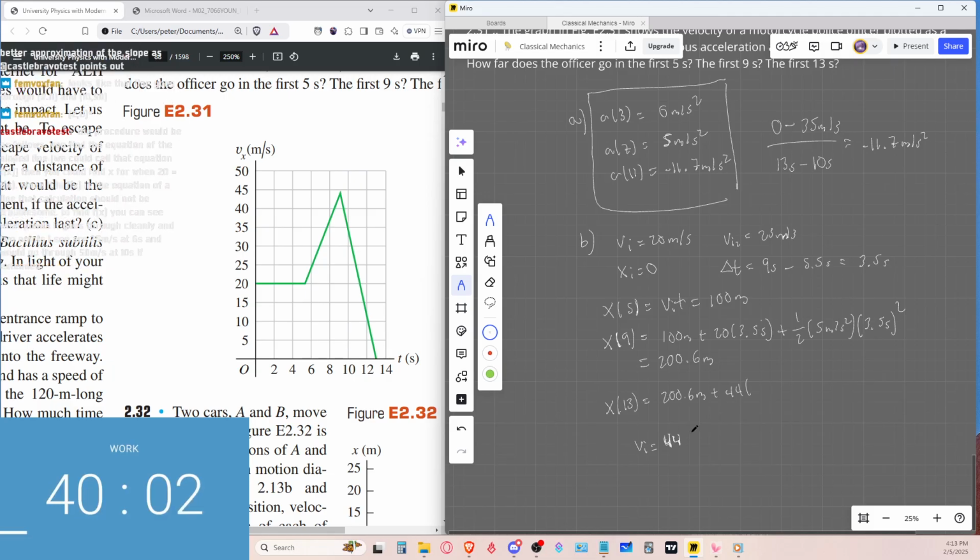So 4 seconds plus a half, and then negative 11.7 for, well, actually that would be 16. And if we don't get it to the exact figures, I guess I have to be satisfied with that. I have to accept my fate, whatever it is.